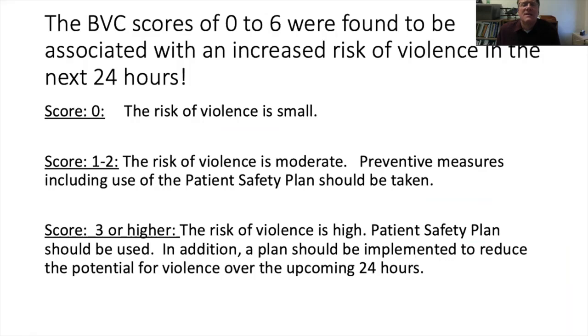So they realized that the presence of these behaviors was associated with violence in the next 24 hours, and they developed a checklist called the Bröset Violence Checklist.